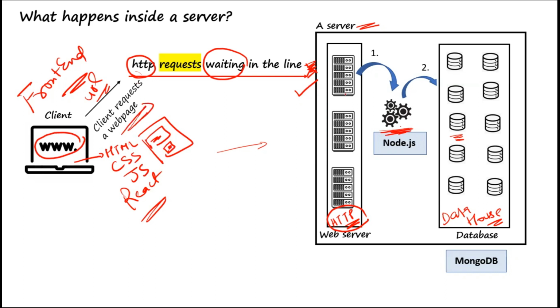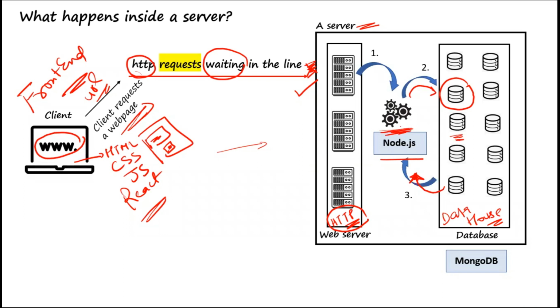Now comes the server part. On the server part, first the web server checks the protocol, then it goes through Node.js, where it gets converted into the right format so that the database can understand the request. And that database is MongoDB. Once the database understands the request, it provides the required elements needed for the response.